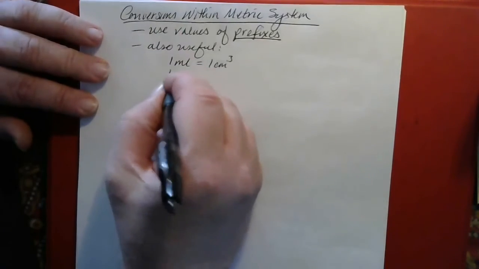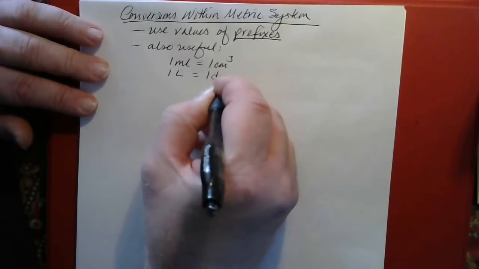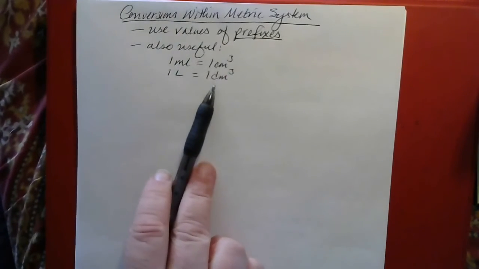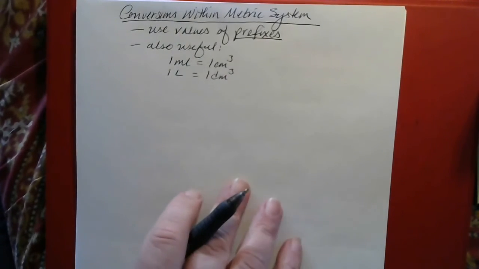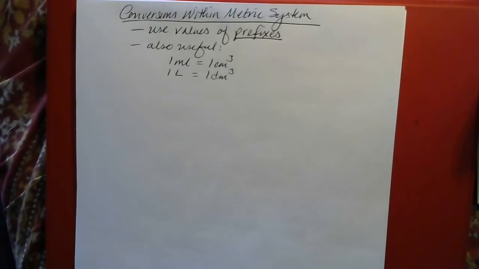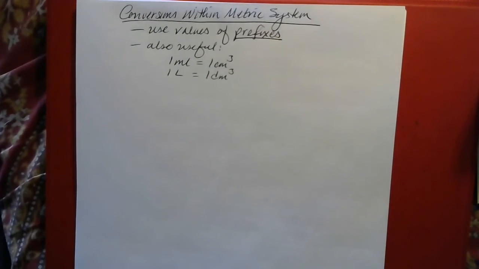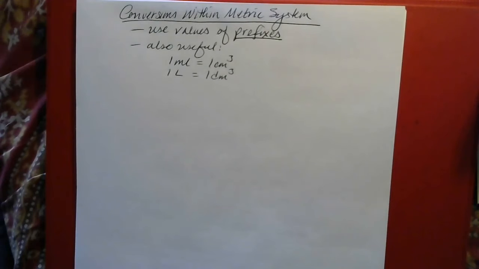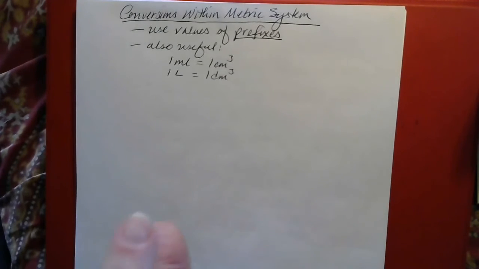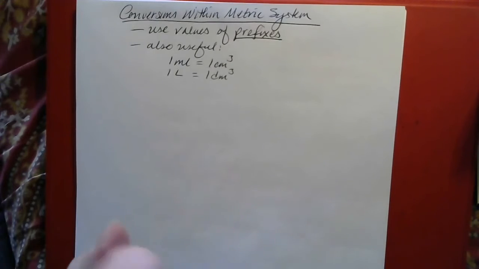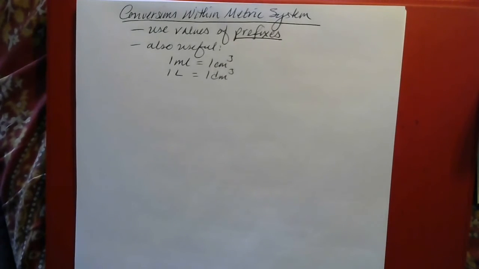Also useful is the fact that 1 liter is equal to 1 cubic decimeter. Decimeter is 10 centimeters, or 1/10 of a meter, and it's maybe about that long, 10 centimeters. And if you have a box that's about 10 centimeters or 1 decimeter on each side, length, width and height, that's 1 liter.